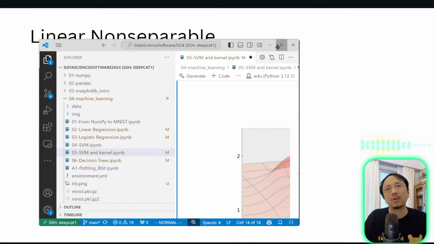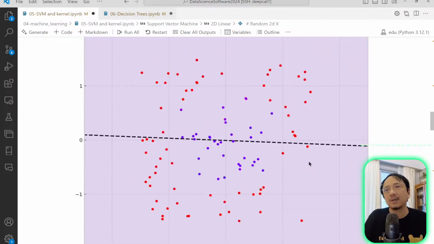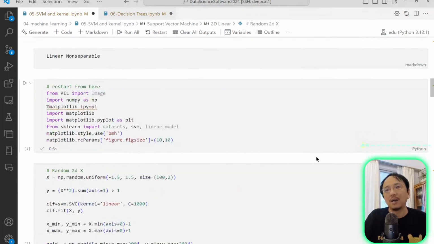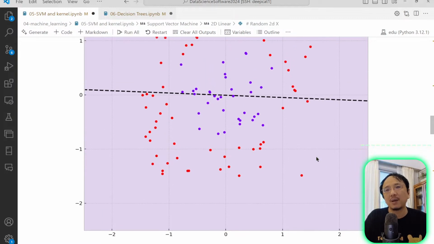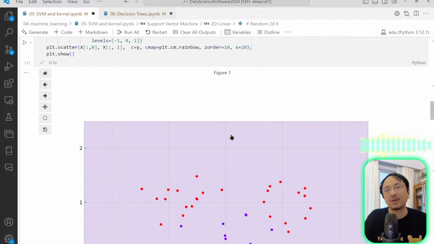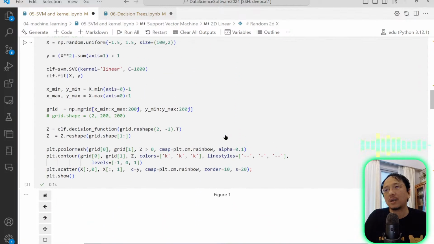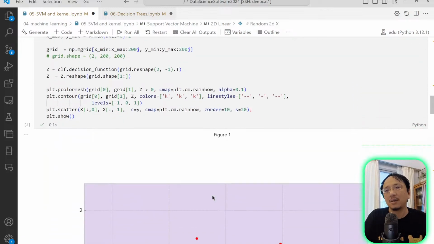Okay. So this is the 05 notebook right here. The way the sample is generated is quite easy. All of the purple points are inside a circle, meaning the radius is not greater than 1.